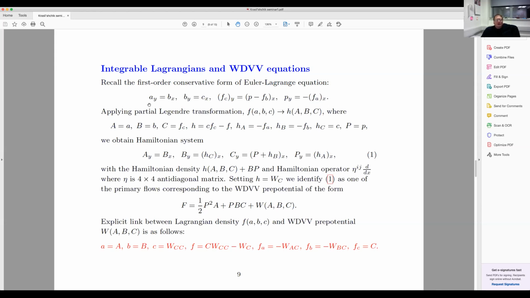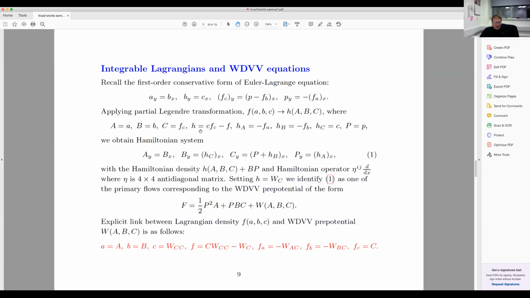Okay, so now the next remark is that this system is Hamiltonian. To see this, we apply a partial Legendre transform. We change from f of ABC to h of capital A, B, and C, where this Legendre transform is here. It's a classical contact transformation, called partial Legendre transform.